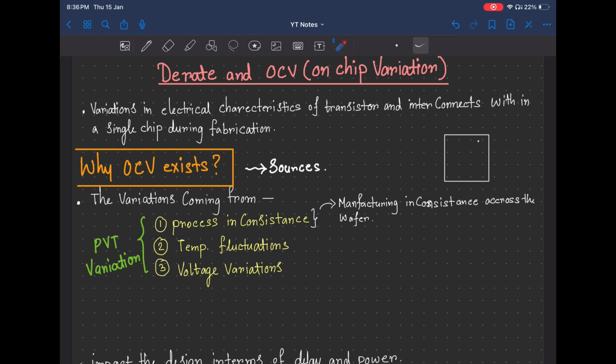Now coming to temperature fluctuation. If I want to give one example, it is localized heating. Suppose a block of logic is toggling heavily, like when you do very fast or heavy computation.